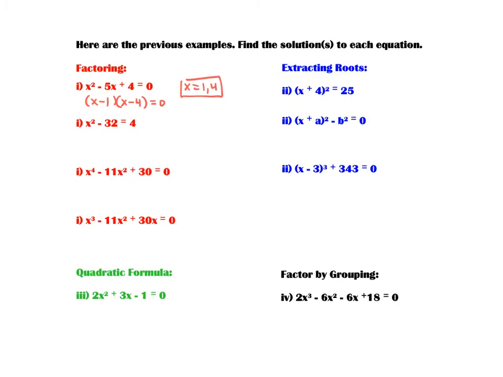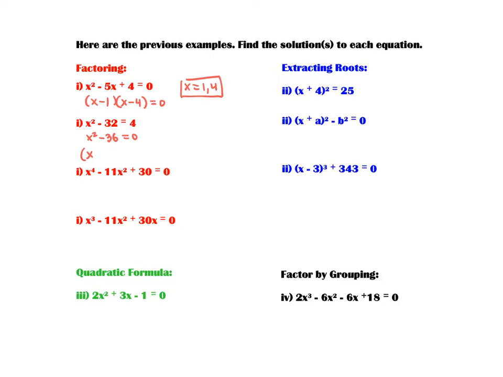Okay, the second example within the factoring style question, we don't quite have ready to factor yet, so I'm going to subtract 4 over, making this x squared minus 36. You might recall that this is a difference of two squares, so x squared minus 36. It's a difference of two squares, so I can factor it.